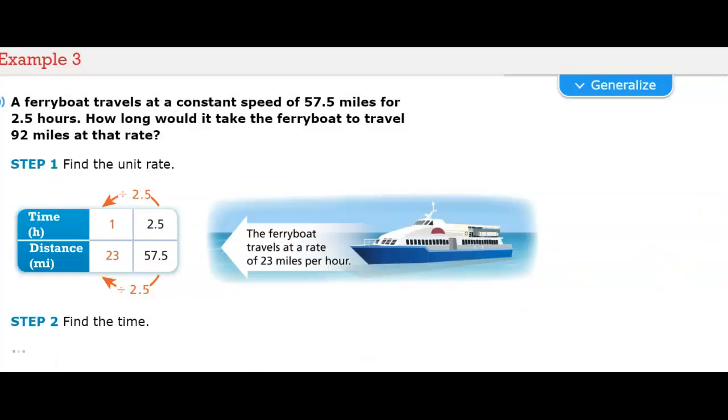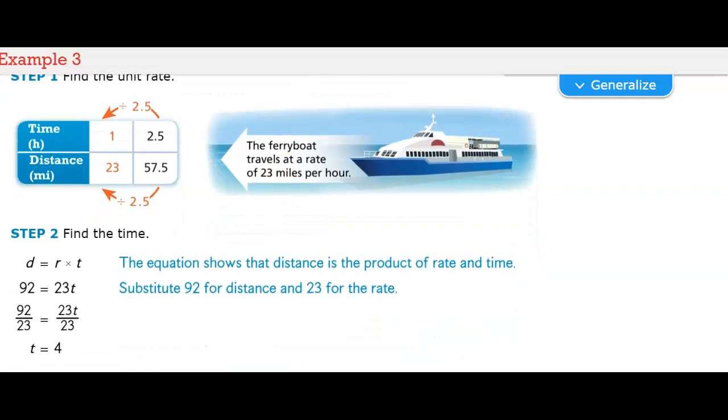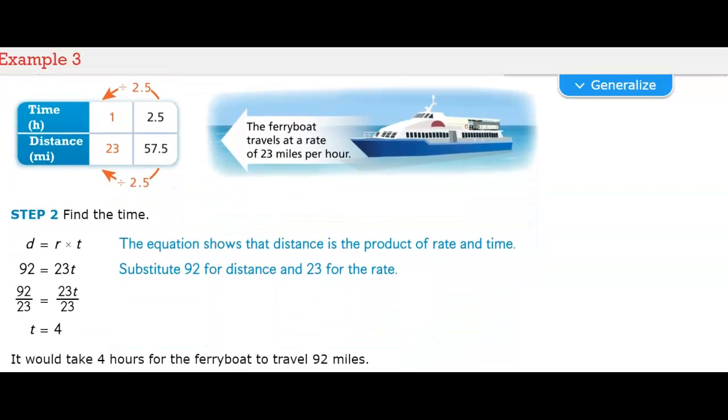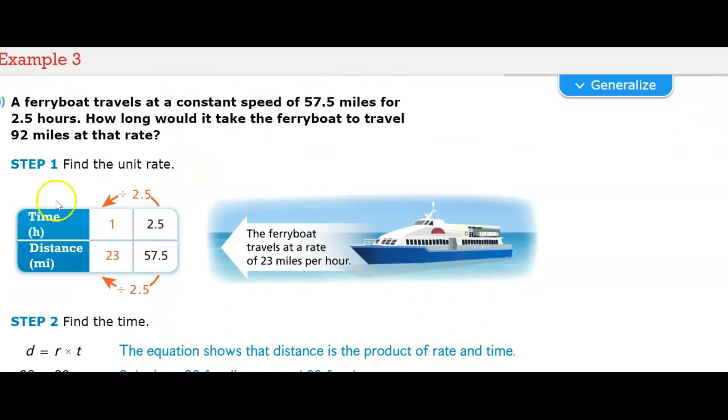Now we have the equation D equals R times T, where D stands for distance, R stands for the rate, and T stands for the time. Our distance D will come from the problem at 92 miles.